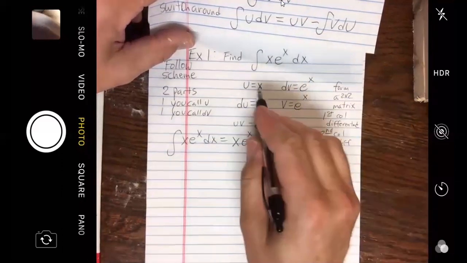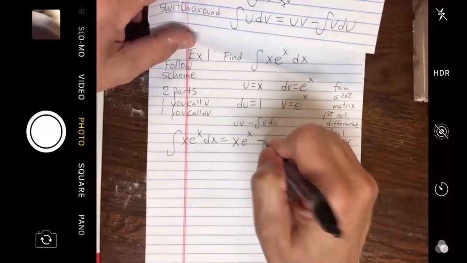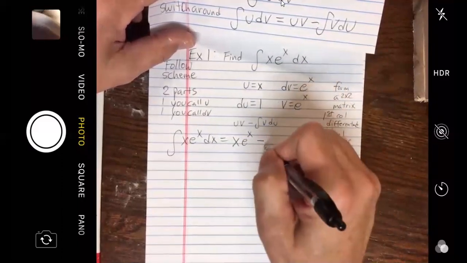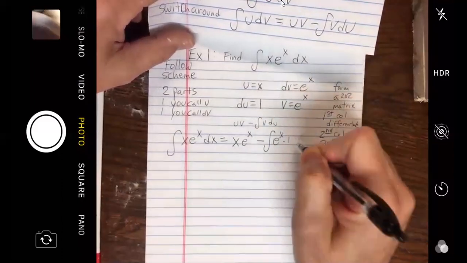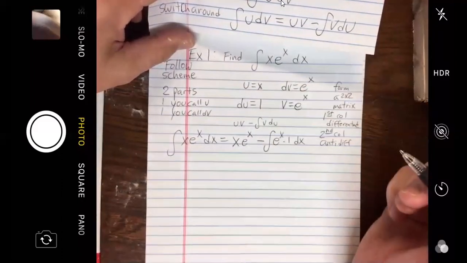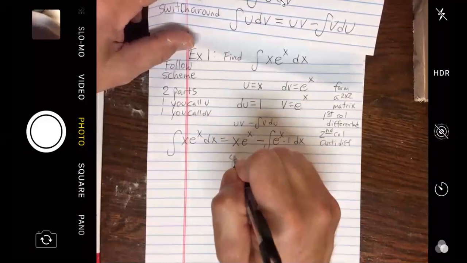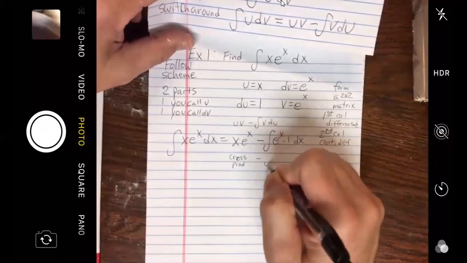That's multiplying the u times the v. Then minus your integral of v du is the integral of your bottom row, e to the x times 1. You just put a dx. It looks proper. So bottom line, you take cross product minus integral bottom row.